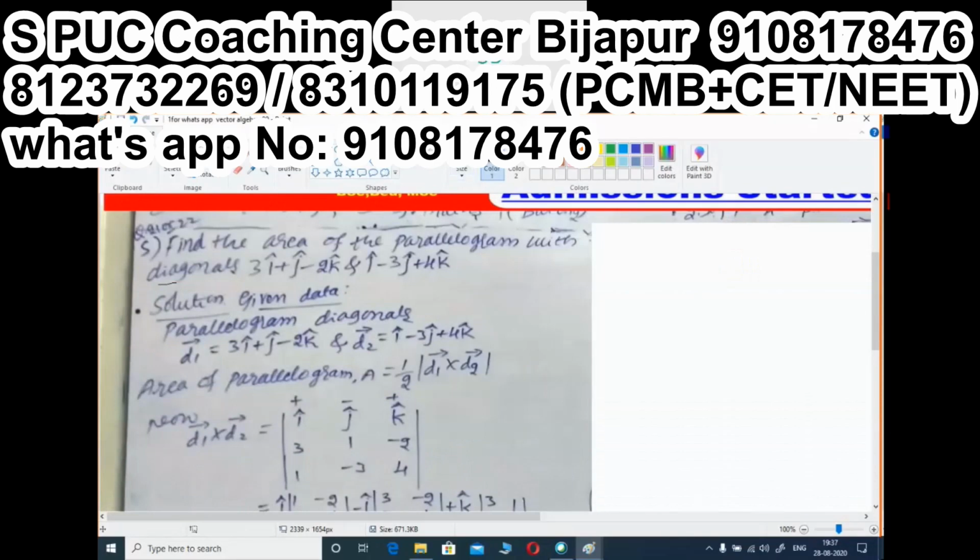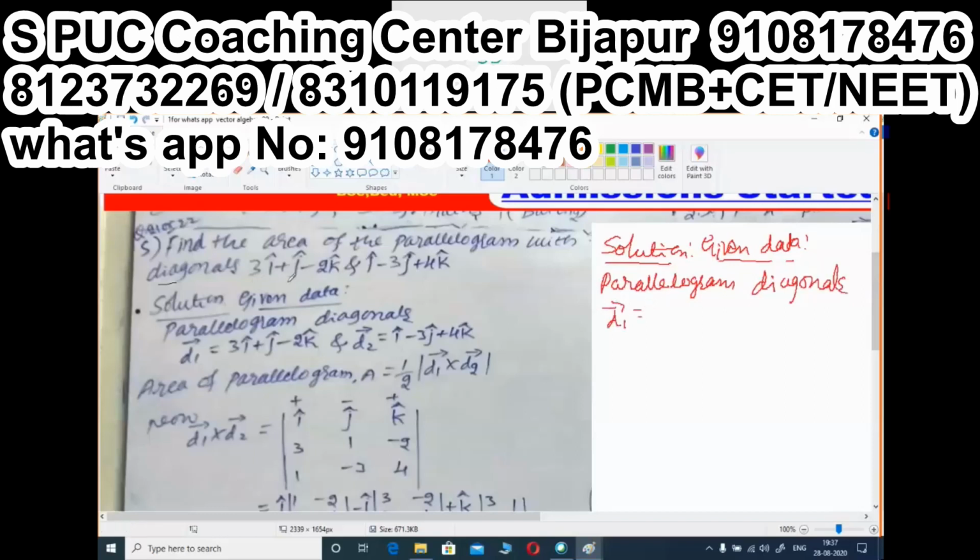First write the given data clearly. Here he has given the diagonals of the parallelogram. Solution concerned to the given data: the parallelogram diagonals are D1 vector and D2 vector.